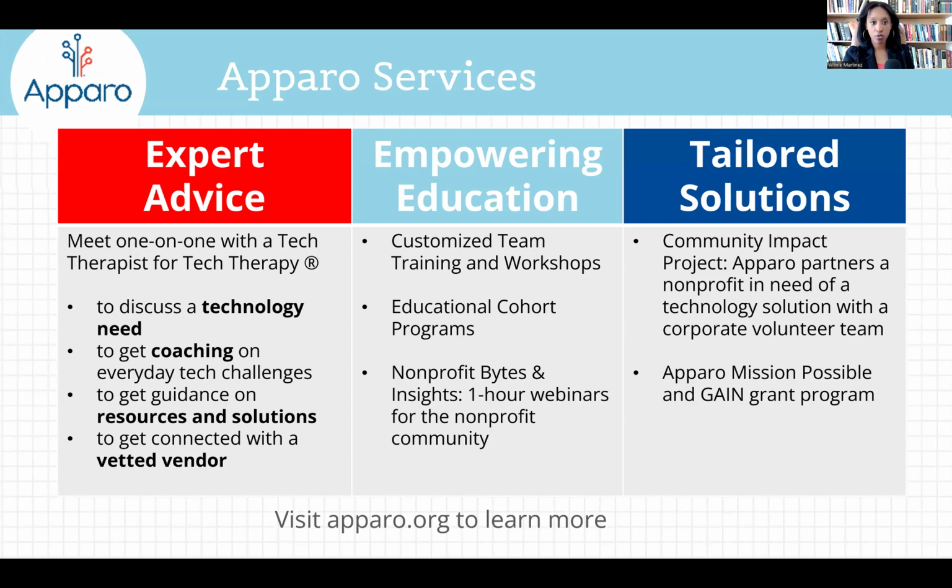If any of you have gone searching for any sort of database, any sort of CRM, you know there's so much out there. So one of our most popular projects is software selection. If you want to transition to another software or are looking for a software, we can connect you with a team of volunteers to go through your wants and needs and help make sure that you're selecting the tool that is right for your nonprofit.